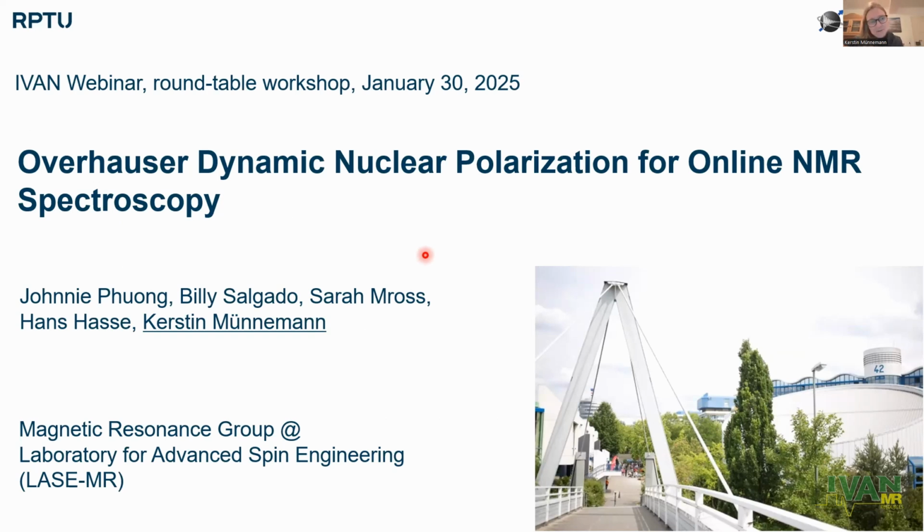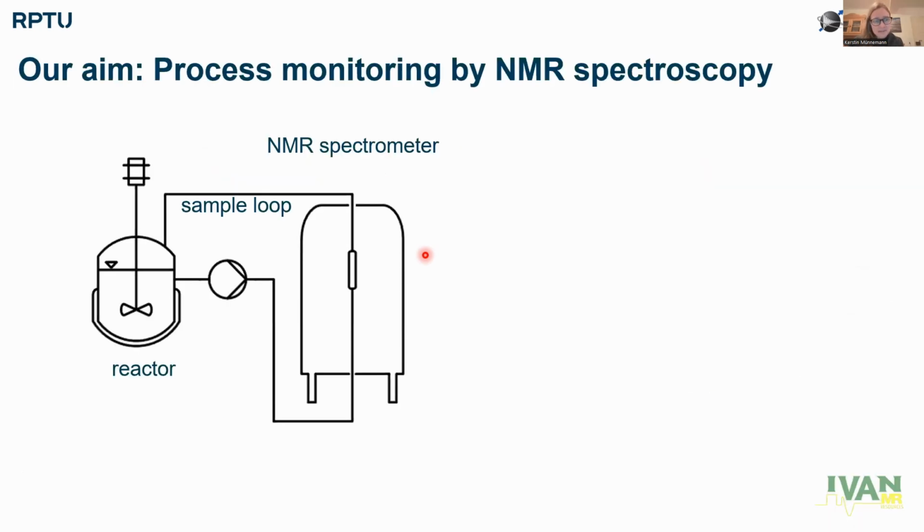But what is good is that Overhauser DNP can work directly in the liquid phase. As the aim of the lab I'm heading is to do process monitoring and reaction monitoring by NMR, that's very good because most processes and reactions take place in the liquid phase.